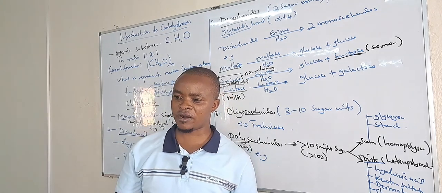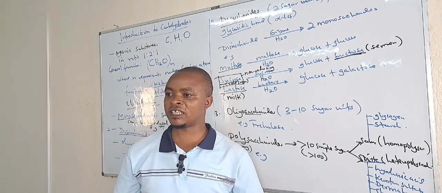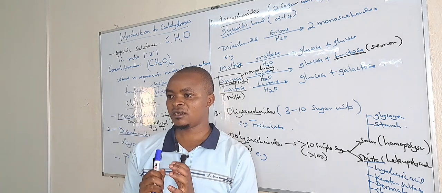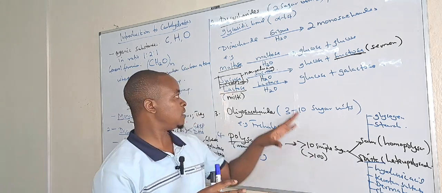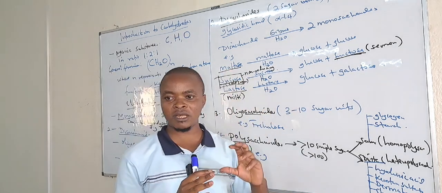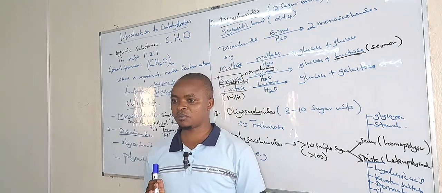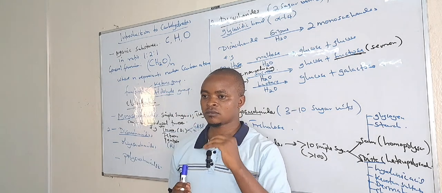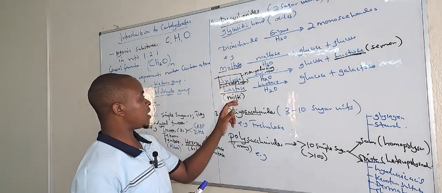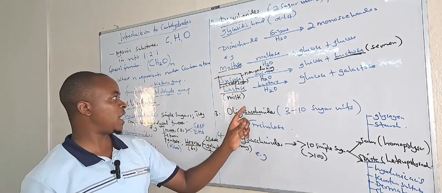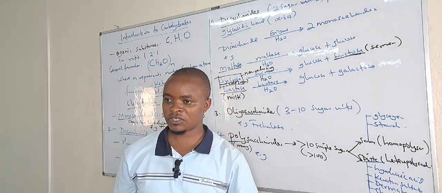Why is sucrose non-reducing? Because it doesn't have a free keto group. All of them are participating in the bonding. But maltose and lactose have a free aldehyde group, so they can be reduced. So maltose and lactose are reducing sugars, whereas sucrose is non-reducing.